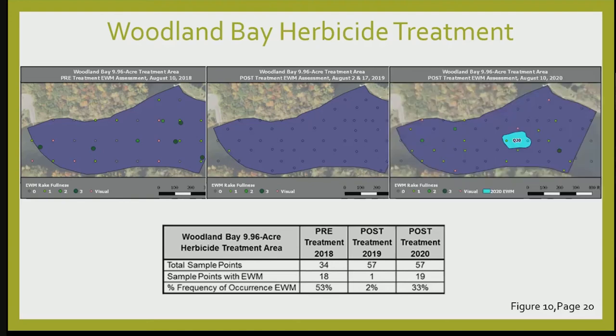This is still only 33% compared to 53% in 2018, but it is significantly higher than the milfoil right after treatment in 2019, unfortunately. There was also a small bed of Eurasian water milfoil mapped in Woodland Bay, which was 0.33 acres, and that's Q20 that you see there.